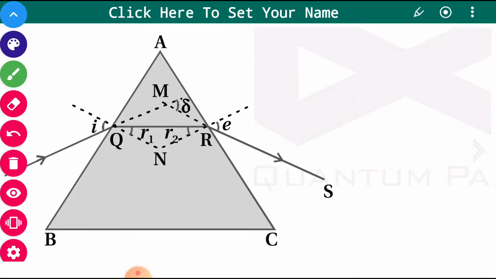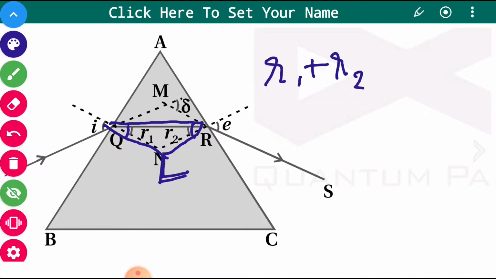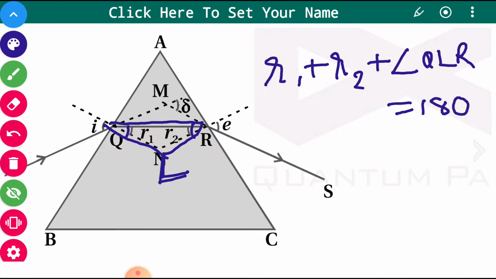So you can write it this way: in this triangle QLR, this is L, you can see the two angles R1 and R2. So angle R1 plus angle R2 plus angle QLR is equal to 180, because as you know, the sum of all three angles in a triangle is 180.